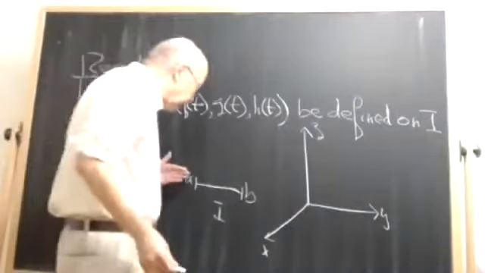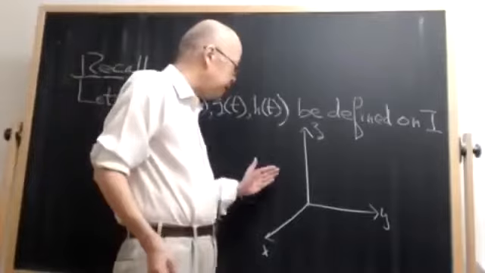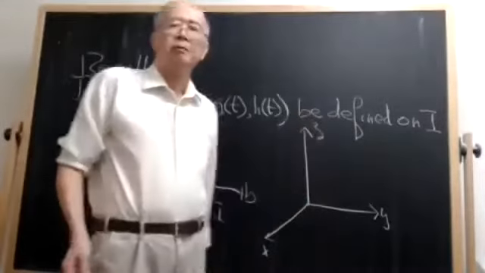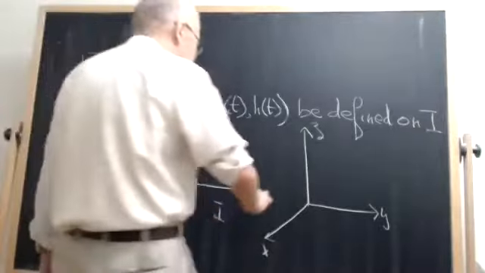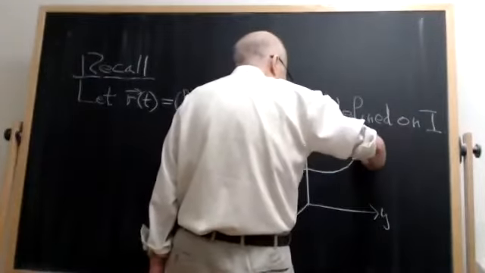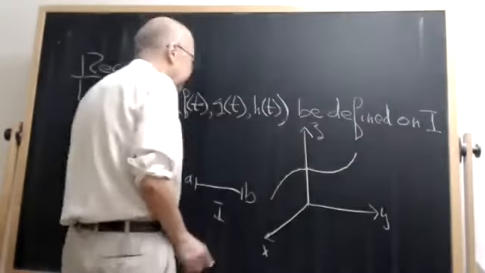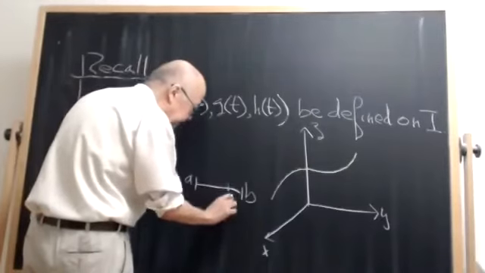And as time evolves, a point in space would trace out a trajectory. So this is the time t.